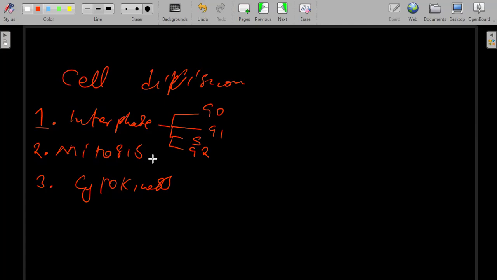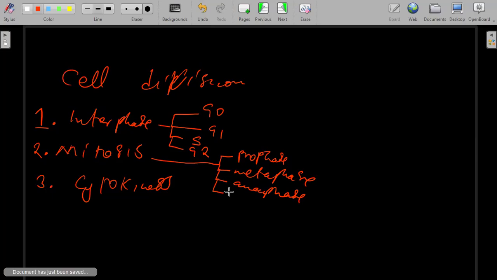Then you have mitosis. Mitosis also has other phases. You are going to have prophase, metaphase, anaphase, and then telophase.